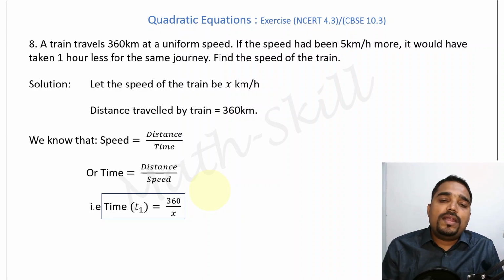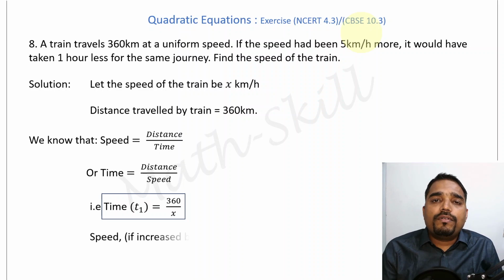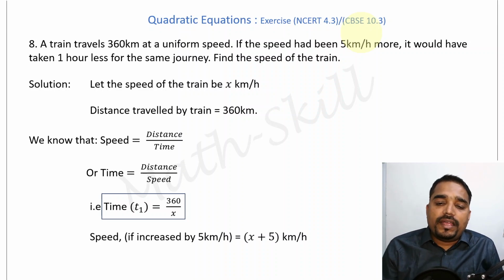Also, now let's build one more condition, wherein he says if the speed had been 5 kilometers per hour more, that is, if the train is traveling at a speed of 5 kilometers per hour more than what it was earlier traveling, then in that case the speed of the train would be x plus 5 kilometers per hour.